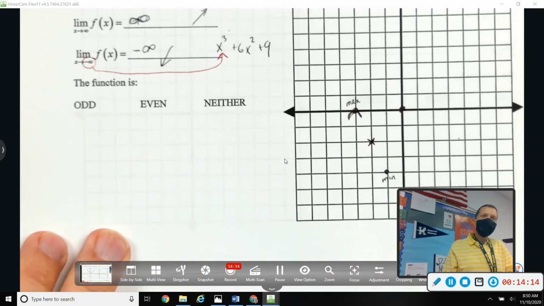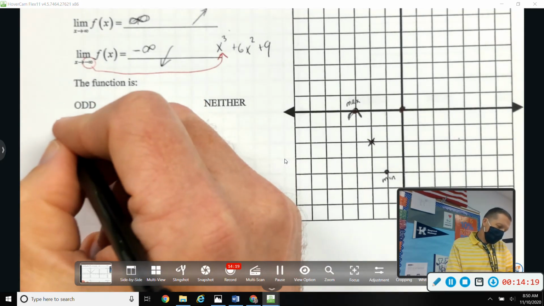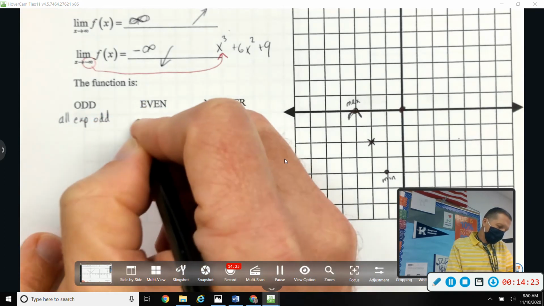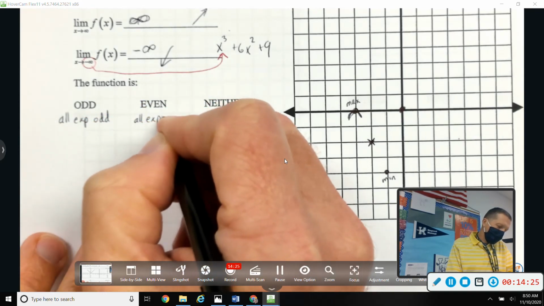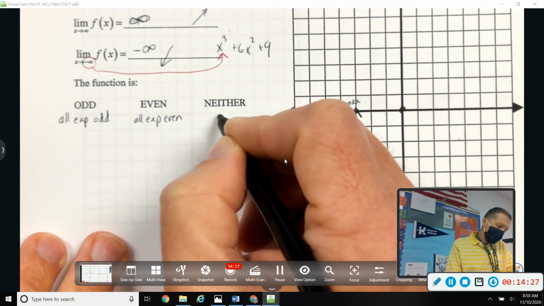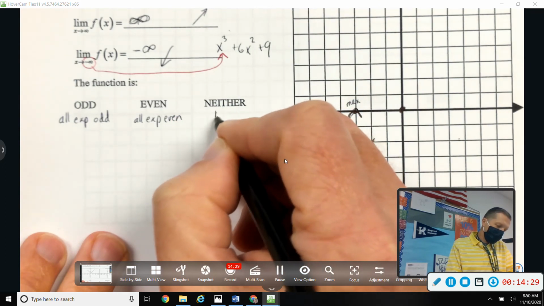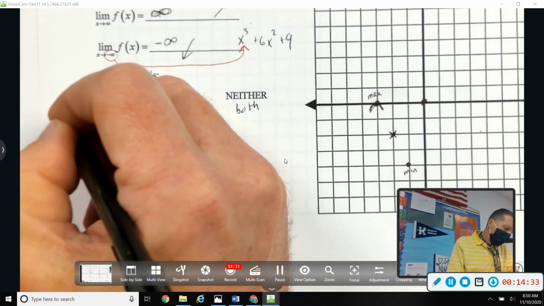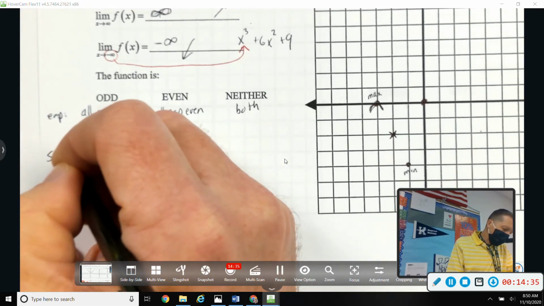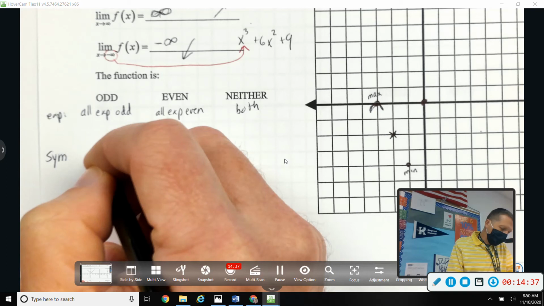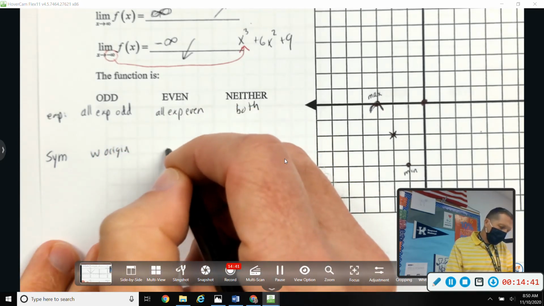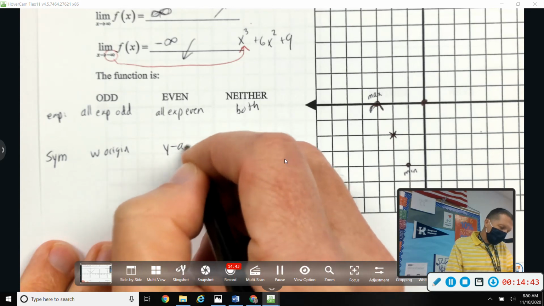Do you remember about even, odd, neither? The shortcut is all the exponents are odd versus all the exponents are even versus a sum of both. This helps graphing because odd has symmetry with the origin. Even has symmetry with the y-axis.